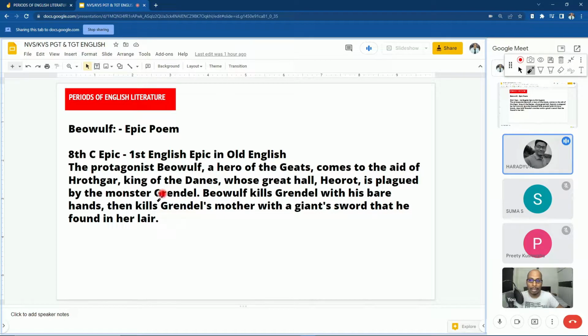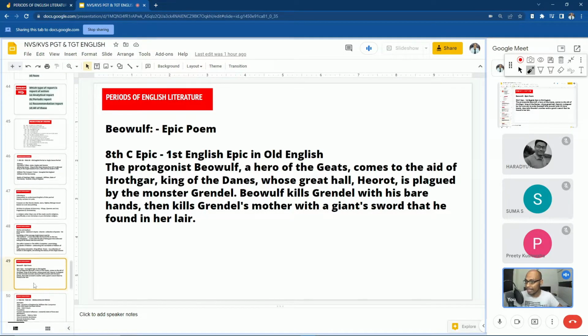It is Grendel. Grendel is a monster. So the monster in the poem Beowulf is Grendel. These are the two questions I mostly come across. Generally, they will not ask deep questions from Old English. Okay, so this is about the Old English literature part.